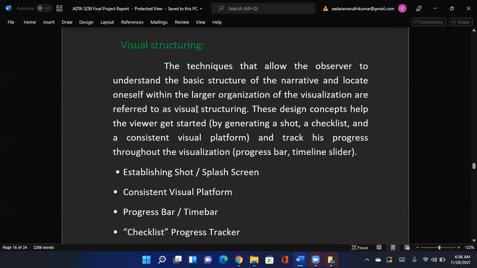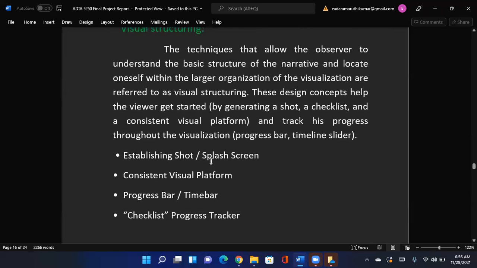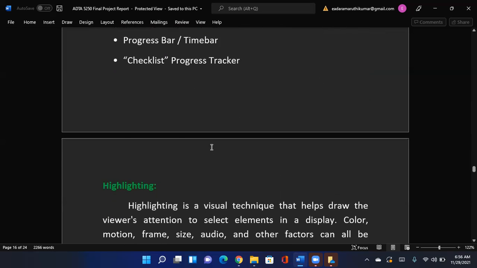Here we first understand the basics, and after understanding, we will structure it visually and keep it simple, readable, and easy to understand for everyone. This includes establishing a consistent visual platform, a progress bar, a time bar, and a checklist progress tracker.